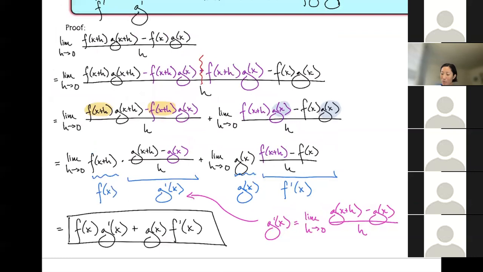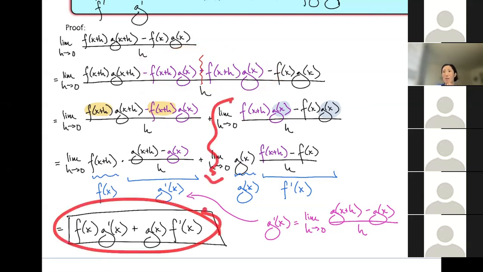I think a lot of times when we think about proofs, we're like, oh, it's so much writing, so much explaining. But it's actually pretty cool that in some ways all you did was add 0 and you were able to find out exactly where that formula came from. Okay.